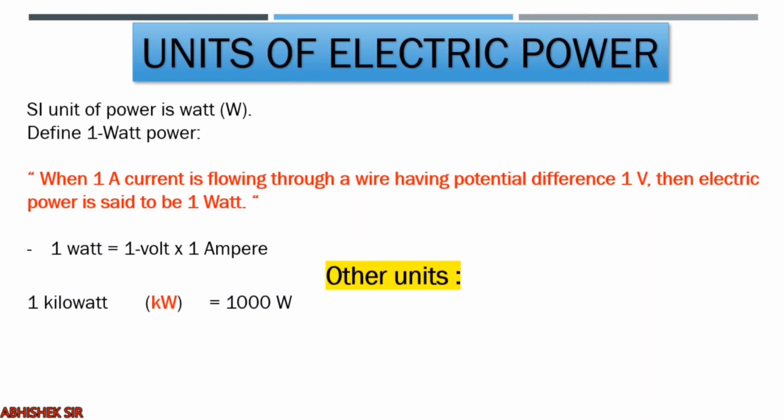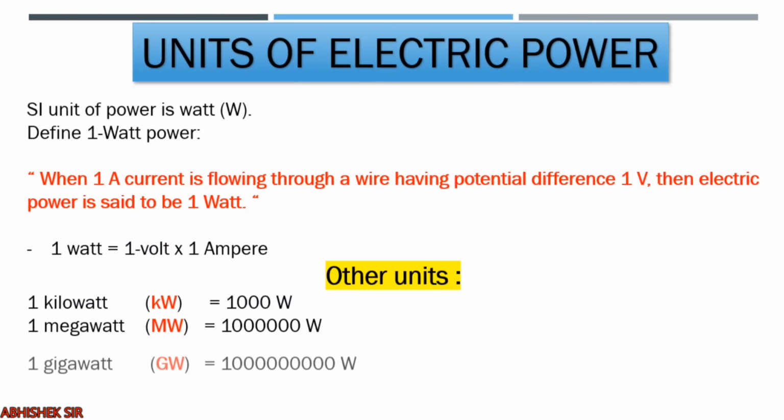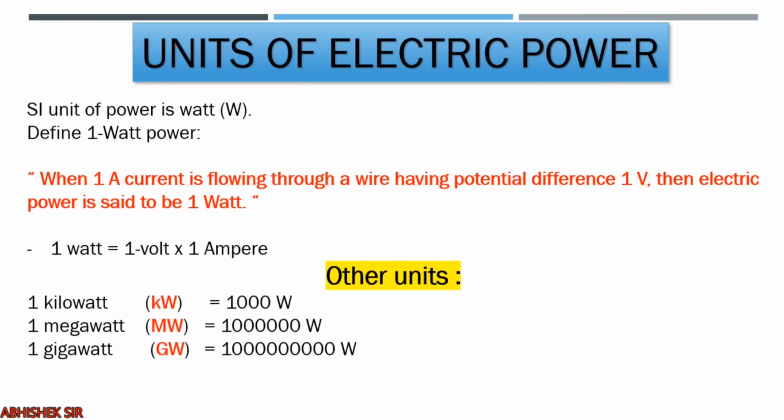Other units are also there. That means we have bigger units of electric power as well, which are used for the capacity of power plants and all. So that is 1 kilowatt, that is 1000 watt. 1 megawatt, that is 10 raised to 6 watt. 1 gigawatt is 10 raised to 9 watt. So kilowatt, megawatt and gigawatt are the higher units of power.